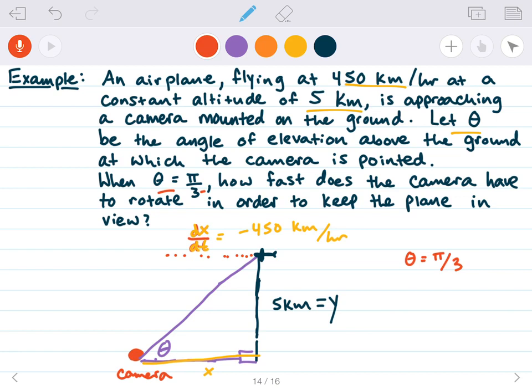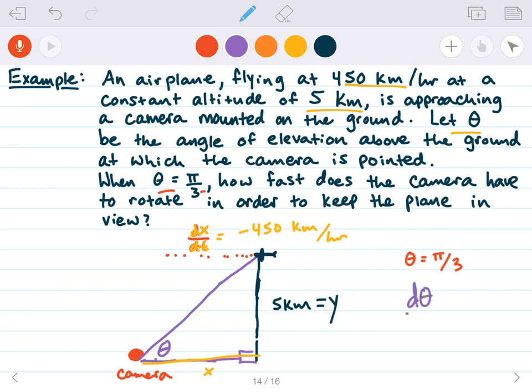Whenever we're talking about rotations, we can think about angles, right? If you think about your unit circle, rotating around the unit circle, your angle changes depending on how much you rotate. So what's changing is theta. Theta is changing, and it's changing with respect to time as it usually is. And so that's what we're looking for.